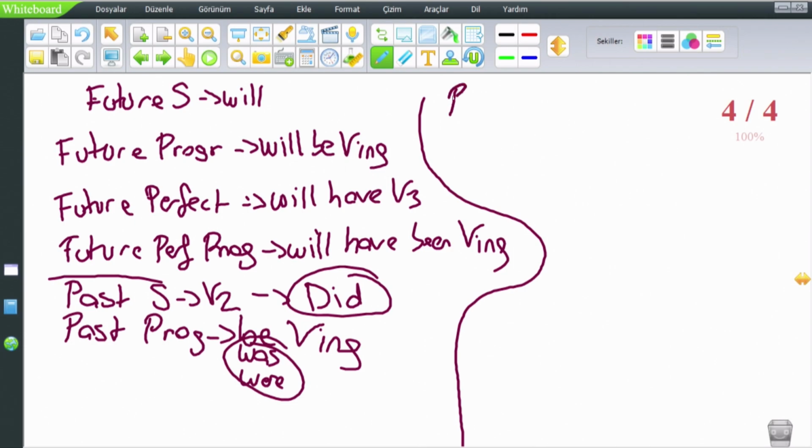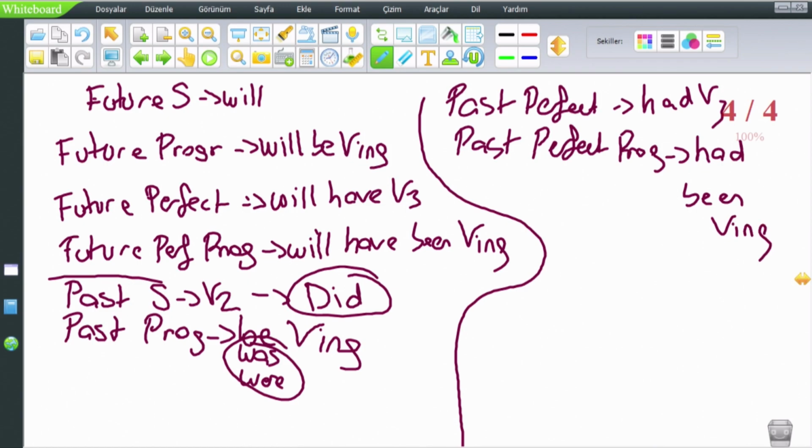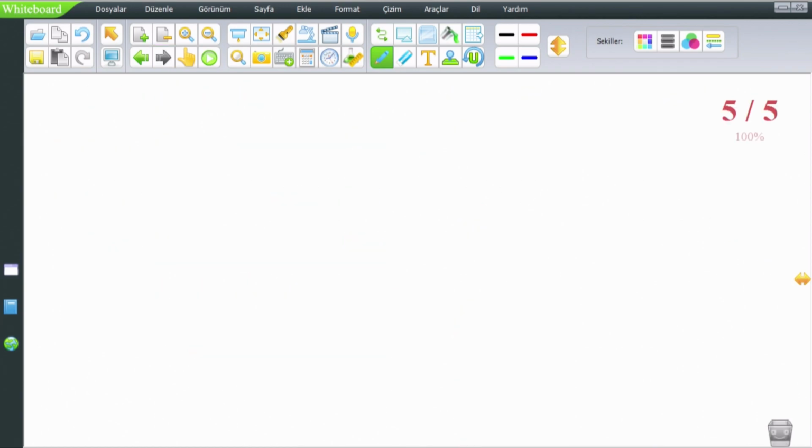Then, in past perfect, we have had, verb 3, and with past perfect progressive, we have had, been, verb ing. So this is a brief one to remember and remind you the basics of our tenses.